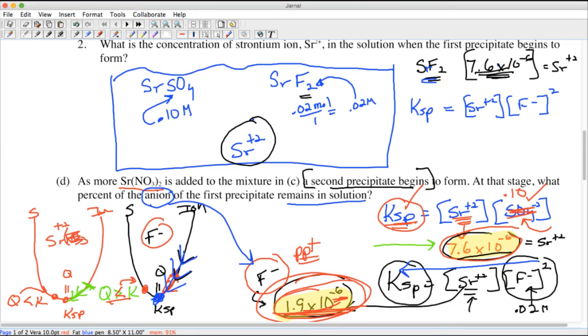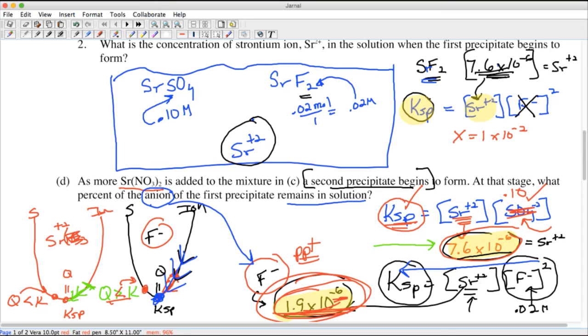And what we're going to do is solve for how much of this is left, knowing that this value has reached 7.6, and of course we need the KSP of strontium fluoride. So we have this value, and we have this value, and then we solve for x, which will be x squared. You'll have to do the square root, and you'll get your x. And of course our x is equal to 1 times 10 to the negative 2. So I solved for it.